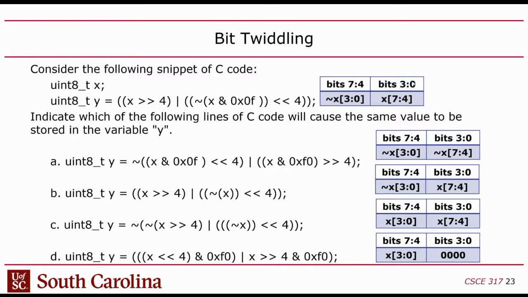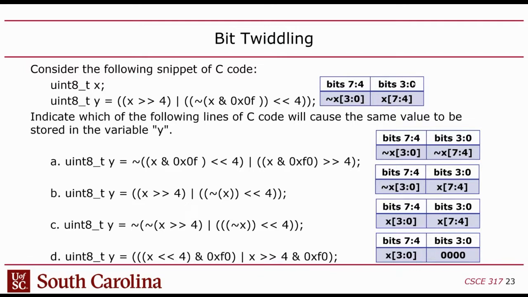So you don't get quite the same value there. Option B ends up being the answer. It was equivalent. Option C ends up not. It does a double negate, where it negates the upper and lower half, shifts them the same way, but then negates the final value again. So what you end up with is no negation relative to the original value. You just get the upper and lower half of the bits swapped.